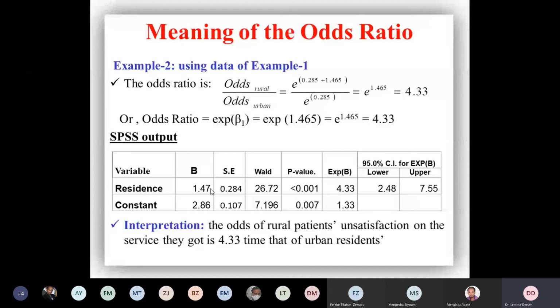Because if you are interested to report this one, you will say, for example, for rural residents, the logarithm of the odds of unsatisfaction will increase by 1.47 when compared to urban residents. It is very difficult to understand what does the logarithm of the odds will increase mean, what is the logarithm of the odds after all?